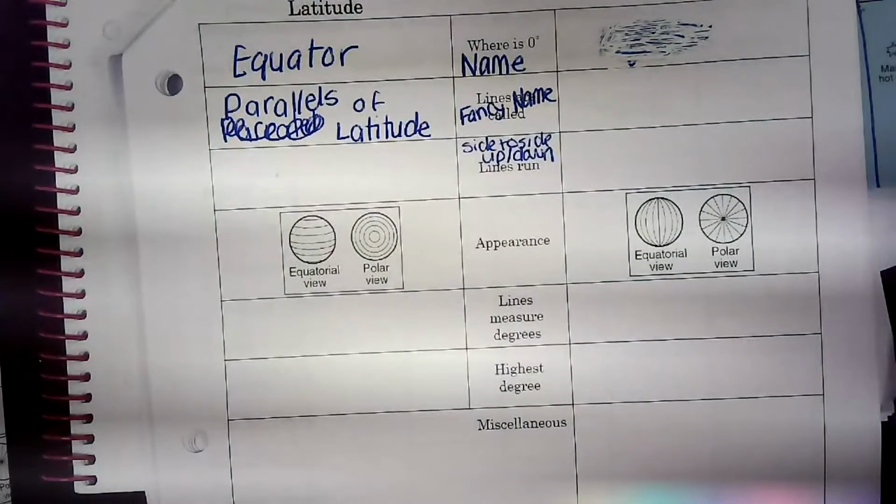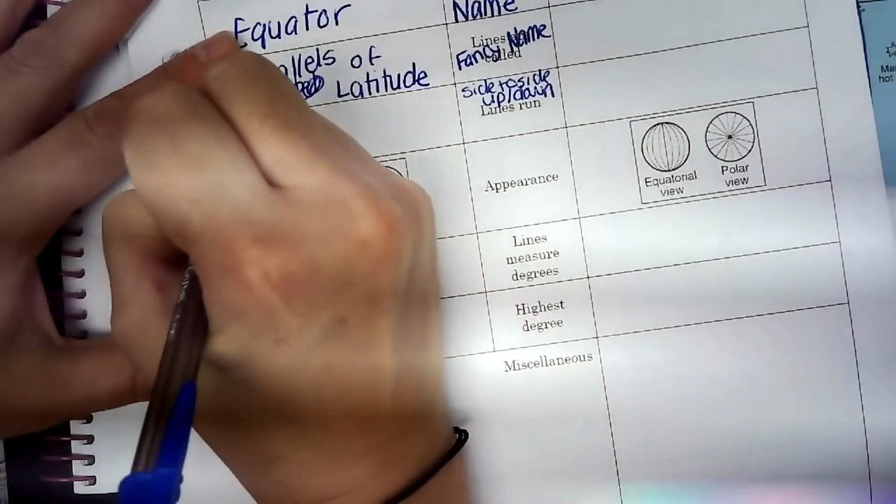Parallels of latitude. No longer are they called lines of latitude. They're parallels of latitude. Which way do they go? These are side to side, or horizontal.